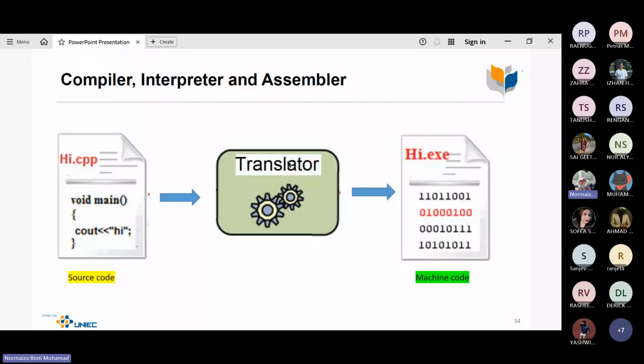Okay, so compiler, interpreter, and assembler. So what's a compiler? What's an interpreter? And what's an assembler? So this is a translator. We have a source code, you translate, and it becomes machine code. So what's a compiler?